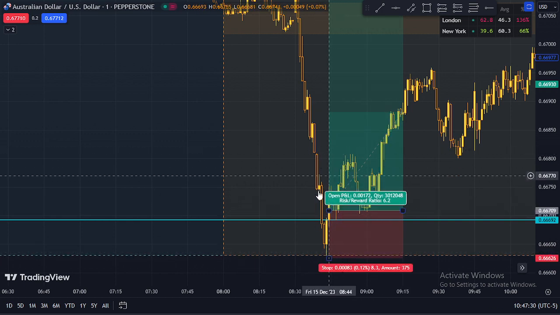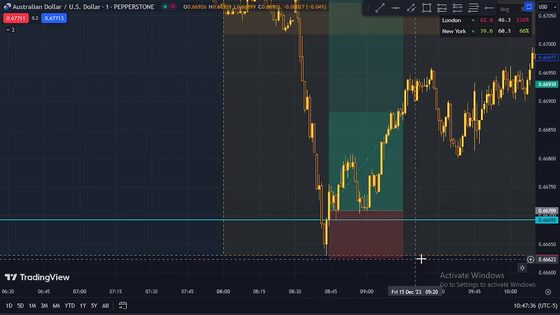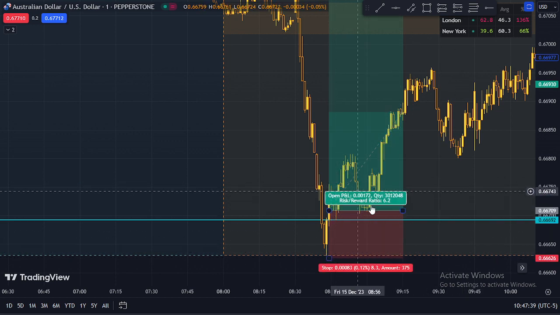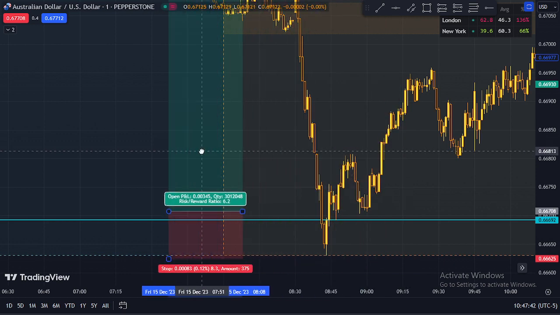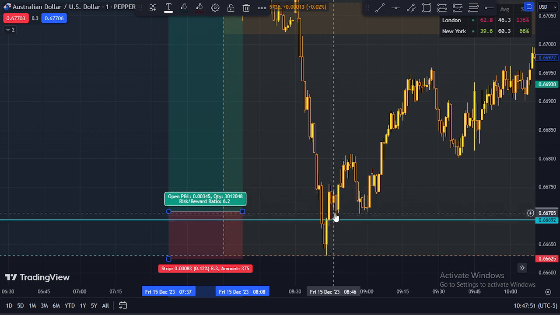Your second, this was a market structure shift. Let me do this one here first. So we had this gap right there, so you could be going long inside the gap, placing your stop below this low or below this low.